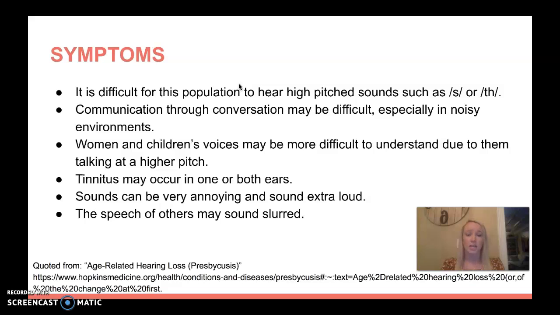So as they were just saying in that video, if you were in a noisy environment, it may be harder to understand people. Women and children's voices may be more difficult to understand due to them talking at a higher pitch. Tinnitus may occur in one or both ears, and tinnitus is ringing in the ears. Sounds can be very annoying and sound extra loud. And lastly, the speech of others may sound slurred.